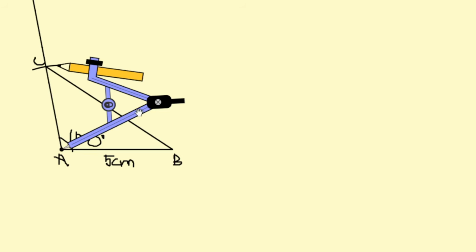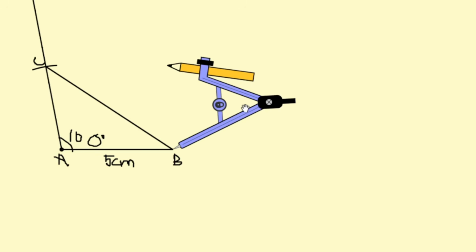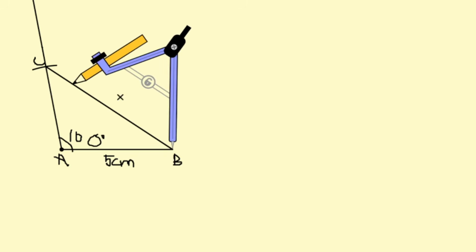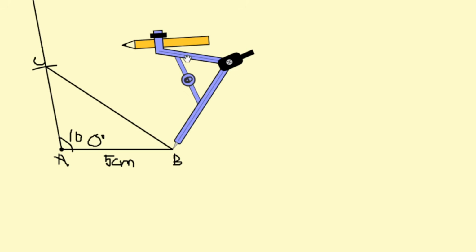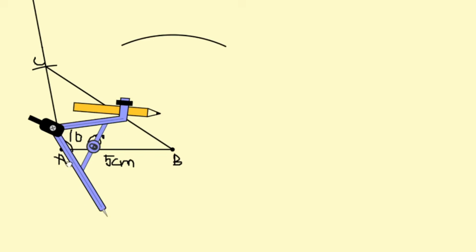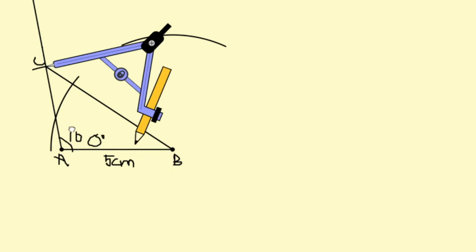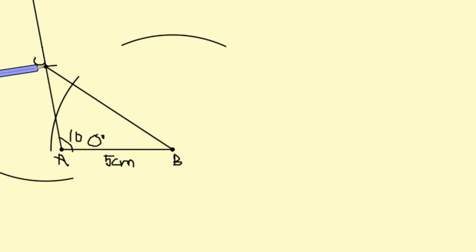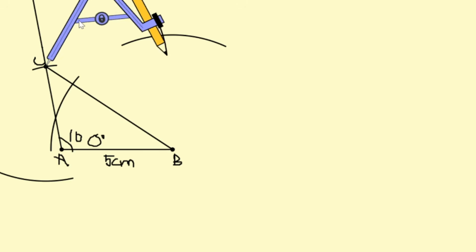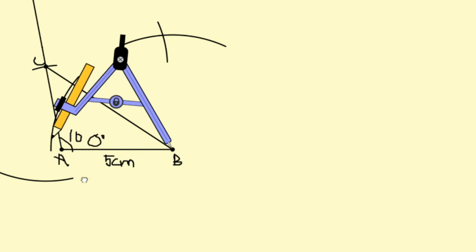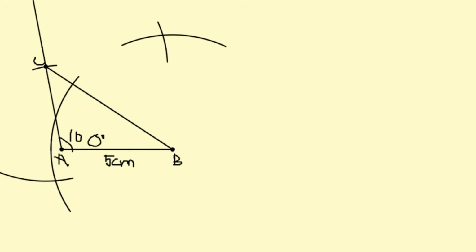Next we need to draw the perpendicular bisectors of AB and BC. We can draw of any two sides. Okay, so to draw the perpendicular bisector we need to take more than half. From B I am going to draw. Now let's join this.